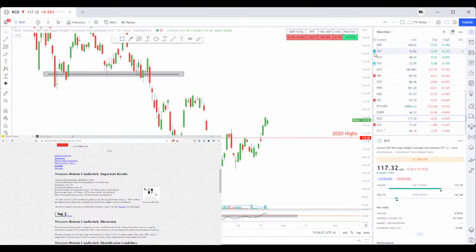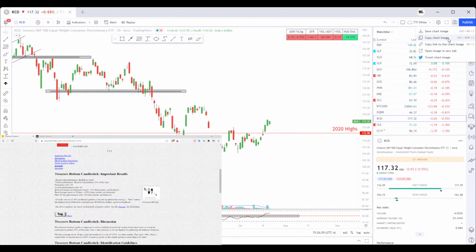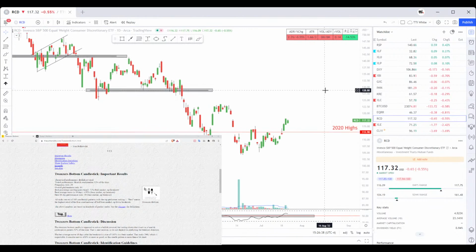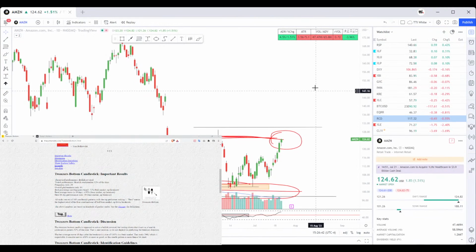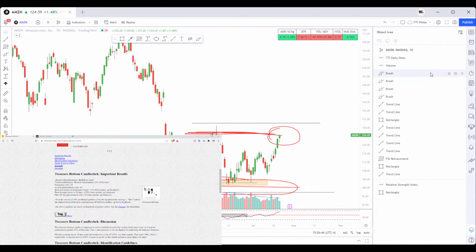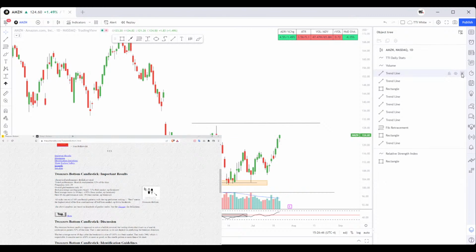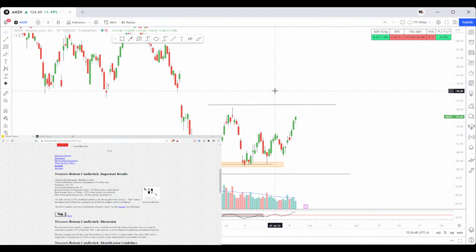Here's the one yellow flag for today, though, for me. Look at what equal weight consumer discretionary is doing against non-equal weight consumer discretionary. So you have to take into consideration that a majority of this move is strictly Tesla, right? Potentially some Amazon as well. Yep. And yeah, check out Amazon.